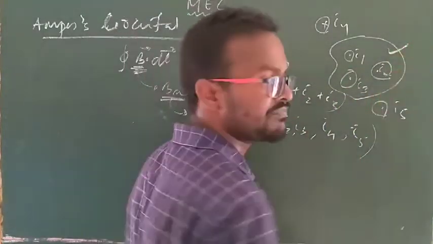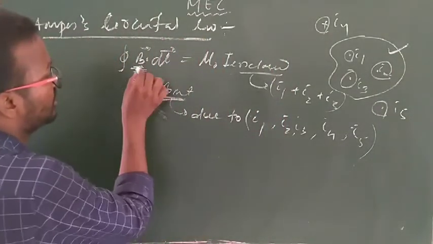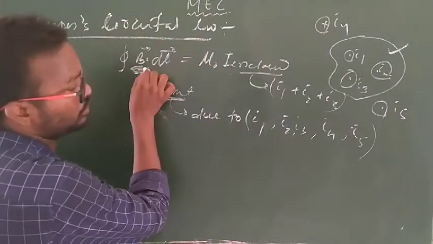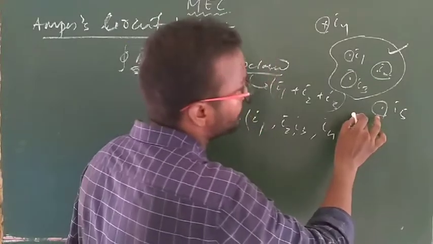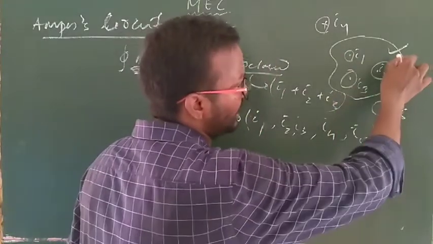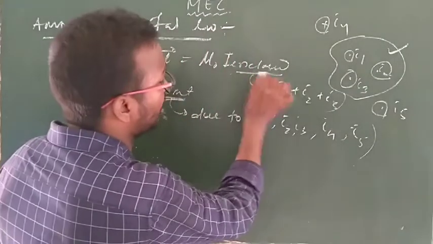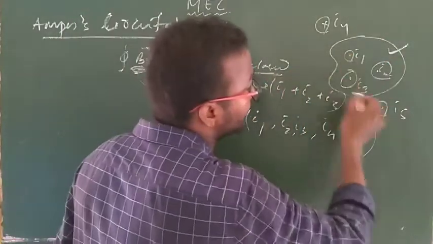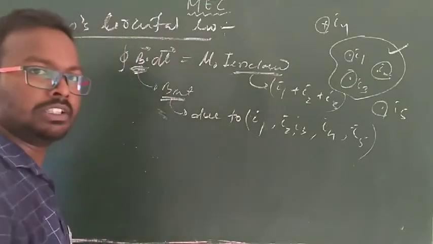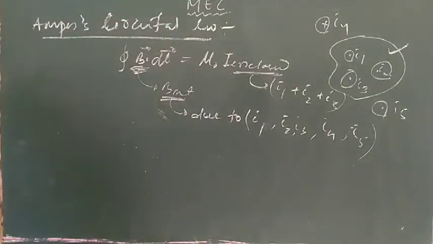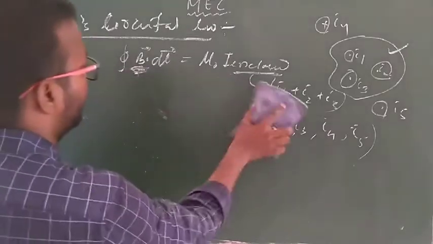B net is due to all the current, inside the Amperian loop and its periphery. But I enclosed is only the current within the Amperian loop. Clear? This is all about Ampere's law.